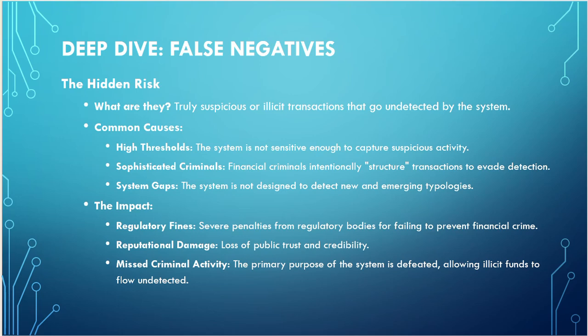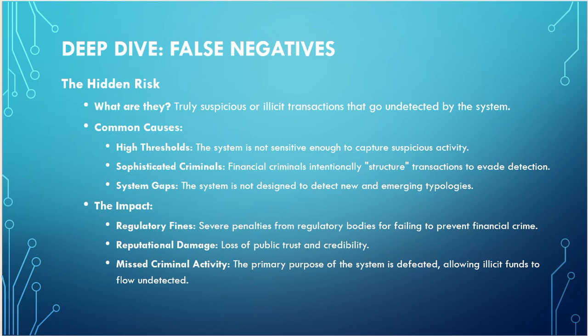Sophisticated financial criminals intentionally structure transactions to evade detection and exploit system gaps. The system is not designed to detect new and emerging typologies, and that's why, with false negatives, no alert is generated by the system and the criminals transact their money.